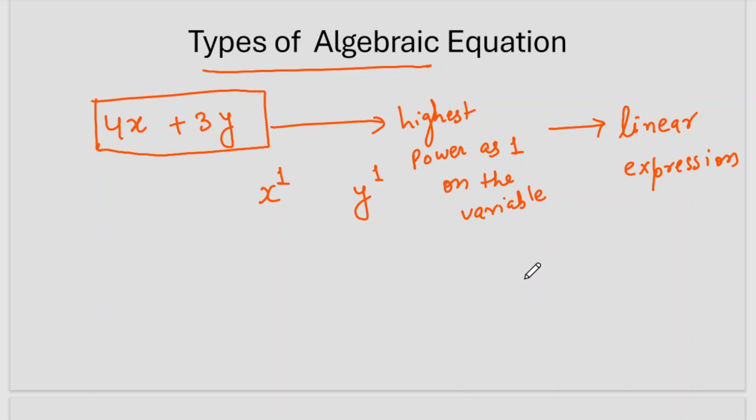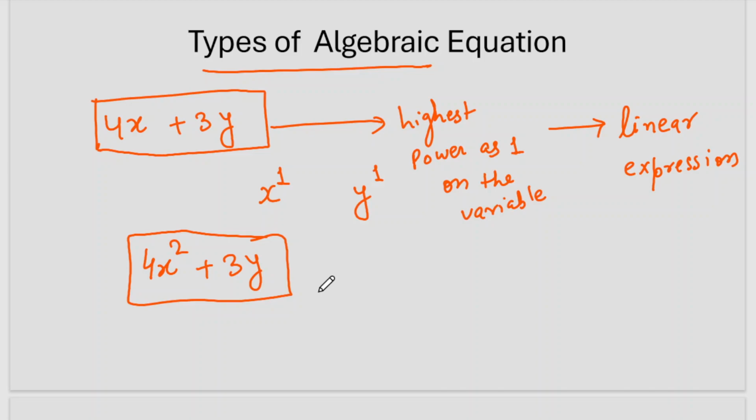Now, you may ask another question. First, we will discuss the linear expression and then I will move towards the quadratic and then cubic. Okay. First, let me explain this. Now, if I ask you 4x square plus 3y, is it a linear expression? You will say no. The power on variable x is 2 and the power on variable y is 1.